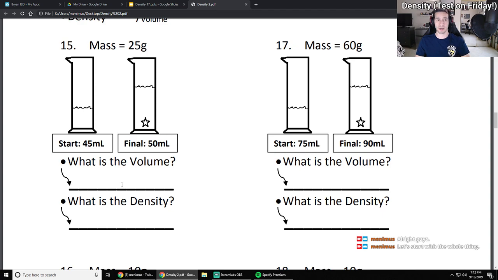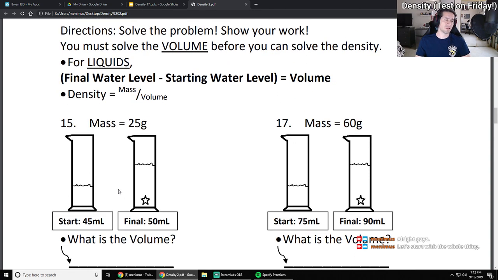It's a fairly easy process to follow, but again, it's not a straightforward answer. Once you find the volume, it is not telling you the answer of that problem.